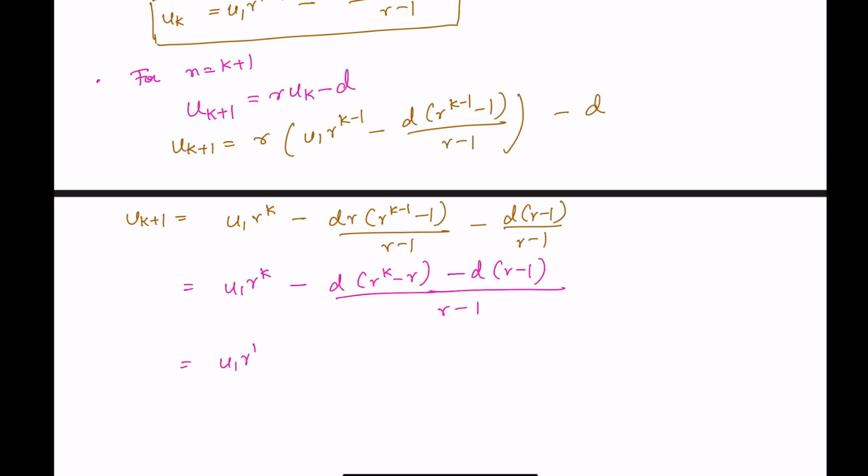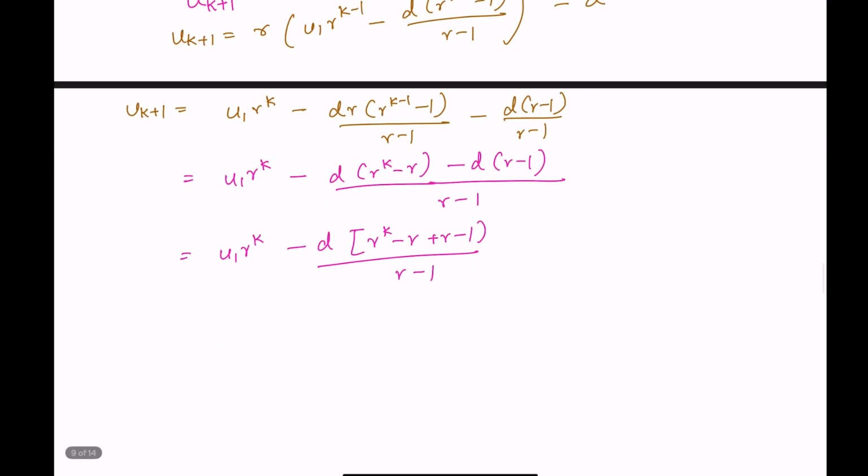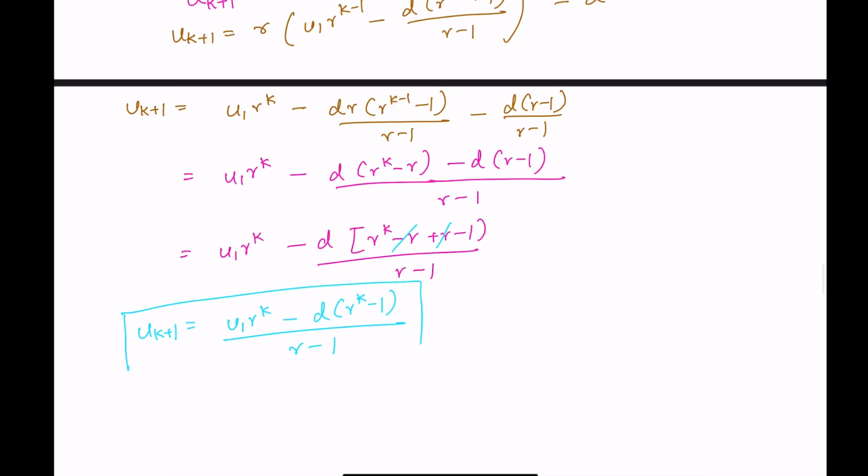So u1 r to the power k, I can take negative d common. It will be r to the power k minus r plus r minus 1 divided by r minus 1. If you simplify this, this cancels out. So u1 r to the power k minus d times r to the power k minus 1 divided by r minus 1. This is exactly uk plus 1, and this is the expression we need.